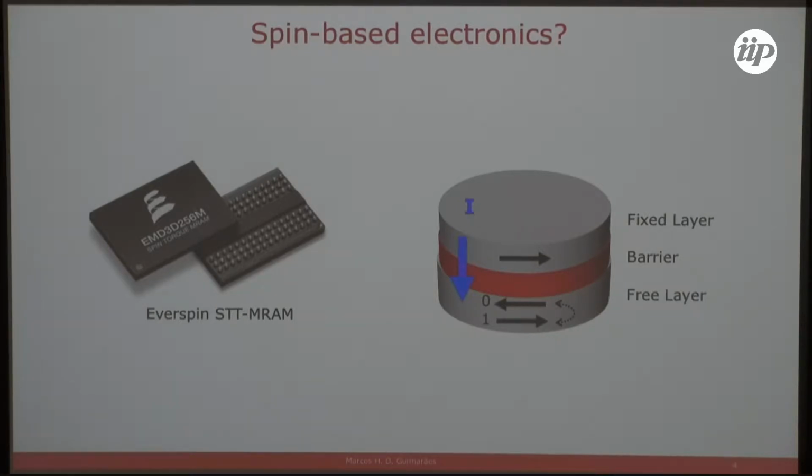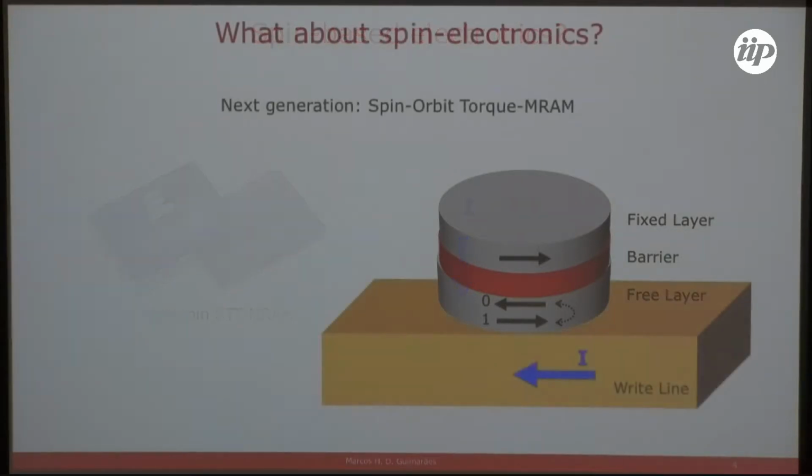But there is a problem: these barriers are pretty sensitive and difficult to make, and you blast them with a current, so every now and then they blow up. So the next generation, which people at IMEC are working hard on in wafer scale, uses spin-orbit torque magnetic random access memories, in which we have a write line.